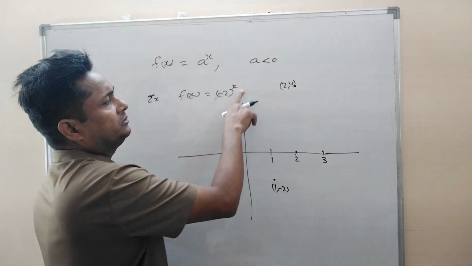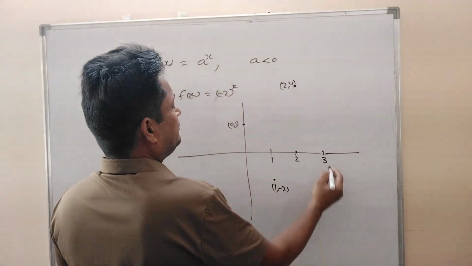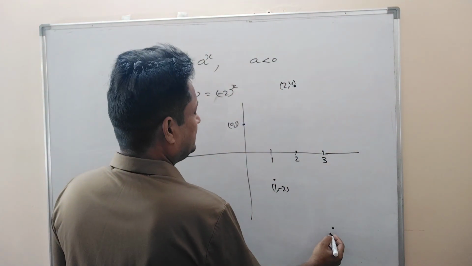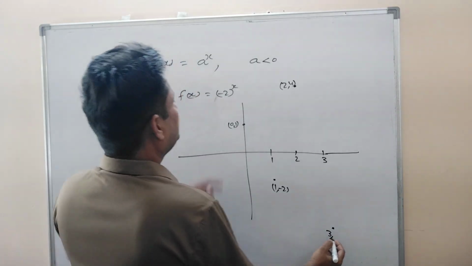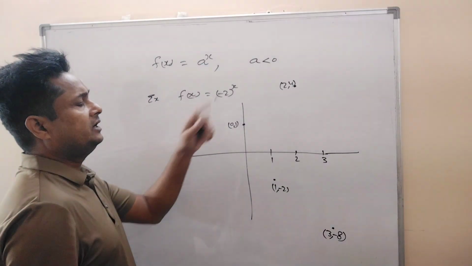If you put x equal to 2, it will be (2, 4). If you put x equal to 3, it will be (3, -8).